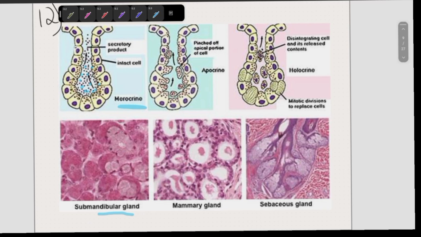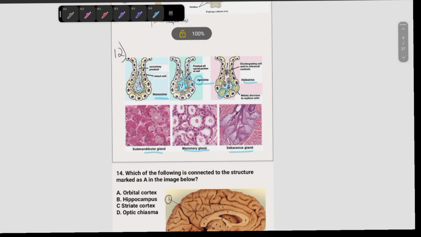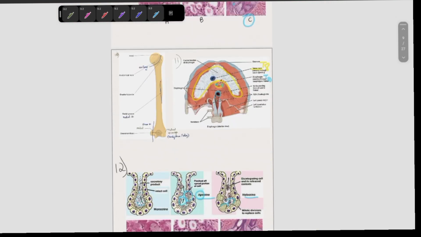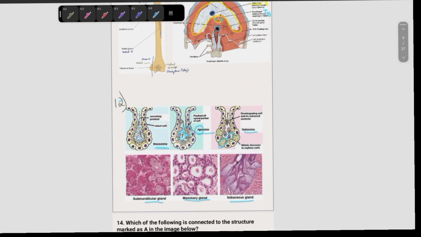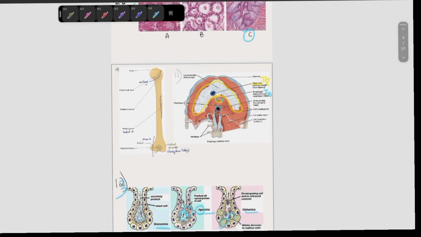Next, the apocrine gland, where the apex is pinched off. Here the example is the mammary gland. Apo for apex is pinched off. Whereas in the holocrine gland, the whole gland gets dislodged. The whole gland will come out. That is the sebaceous gland. Okay, 13th one over.